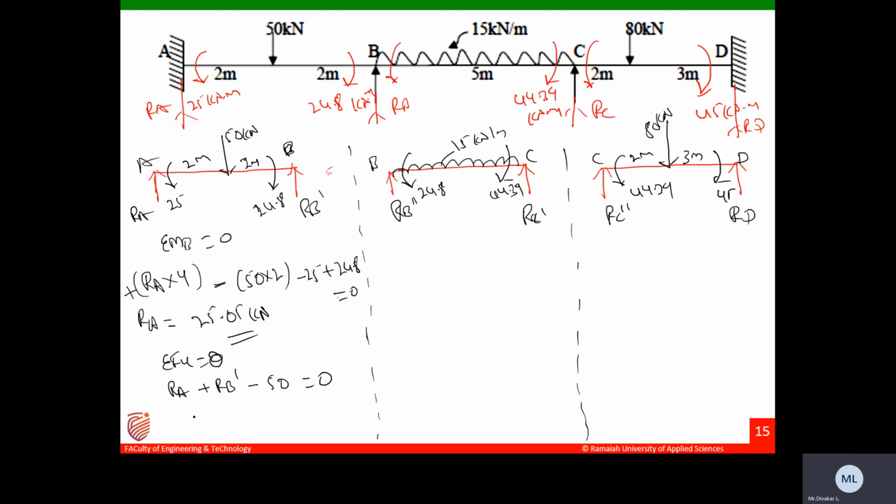That equals to 0. Then RA I got. Then let us find out what is RB dash. So RB dash equals to 50 minus 25.05. RB dash equals to 24.95 kilonewtons. Okay.